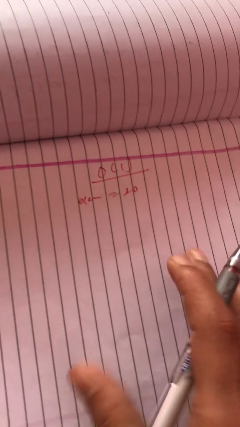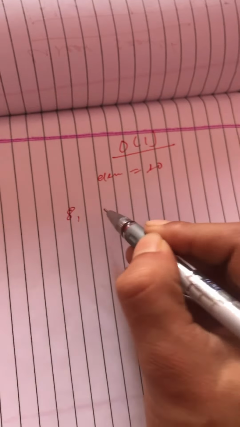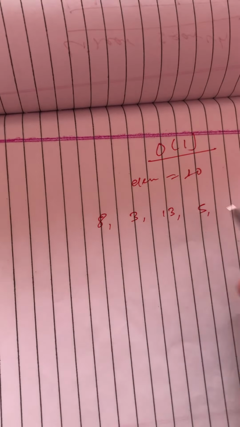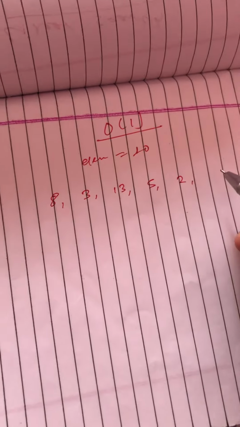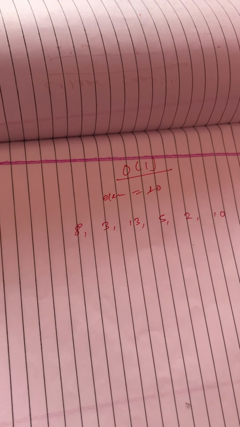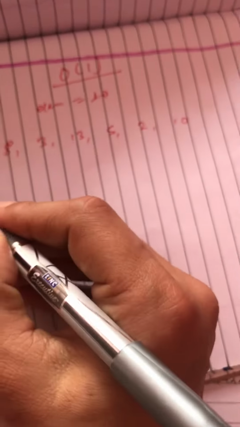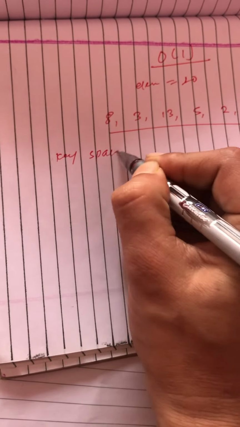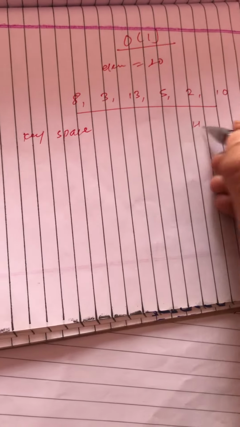For example, let us consider 8, 3, 13, 5, 2, 10. These are the data elements. Then we have to arrange these elements in a hash table. We say this is the key space and the hash table.